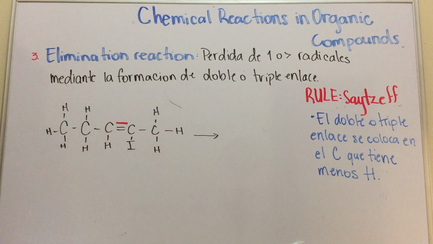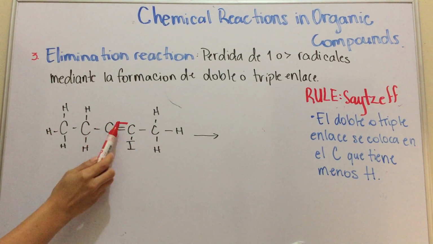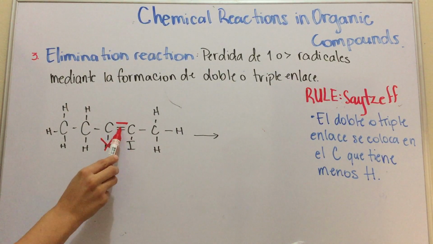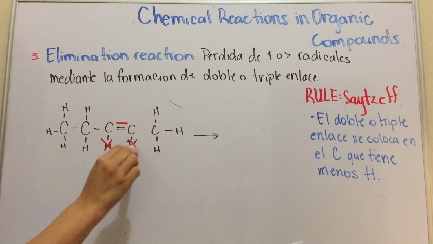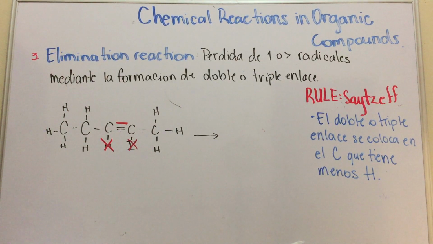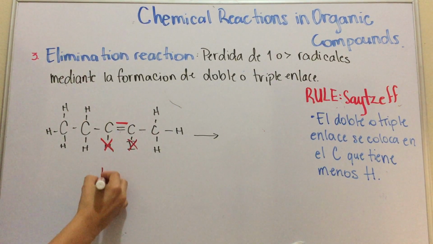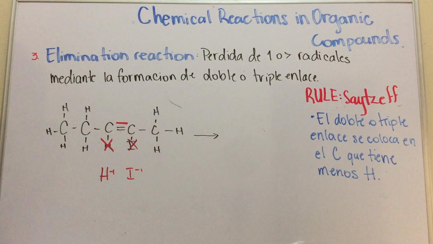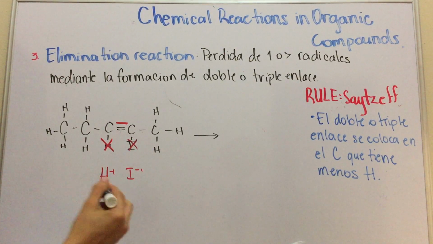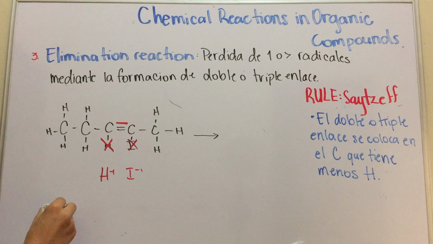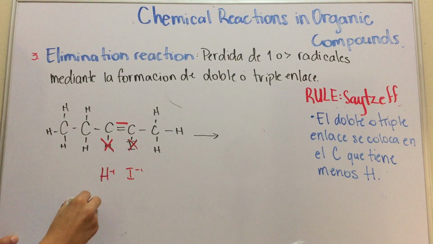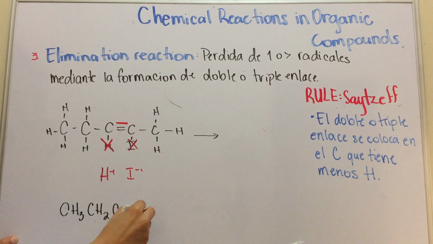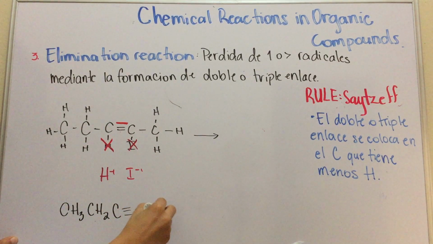Alright, and since I'm going to put a triple bond here, I have 1, 2, 3, 4. This one no longer belongs there. 1, 2, 3, 4 no longer belongs. Alright, so we're going to have a hydrogen that has a charge of +1 and an iodide that has a charge of -1 adding together. So we're going to have this compound CH3, CH2, C, 1, 2, 3, C, CH3.